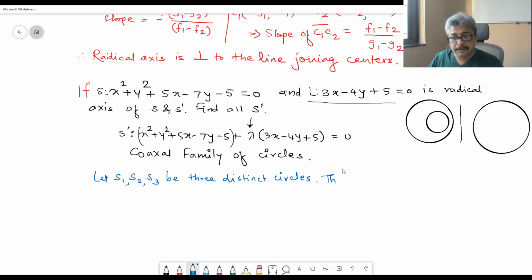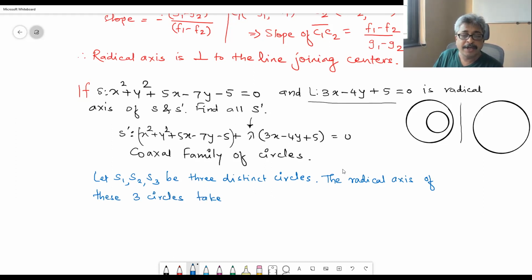The radical axis of these three circles taken two at a time are concurrent, either concurrent or parallel.